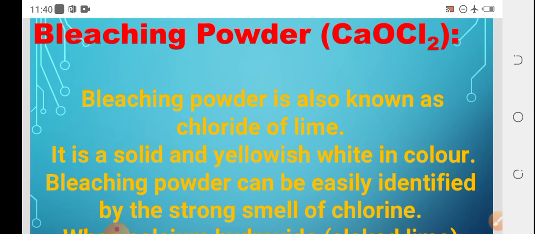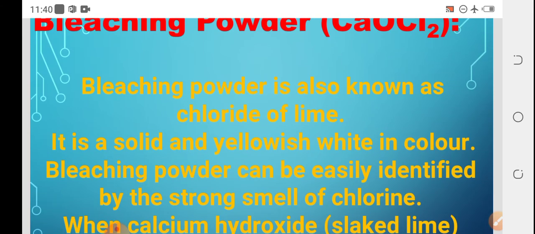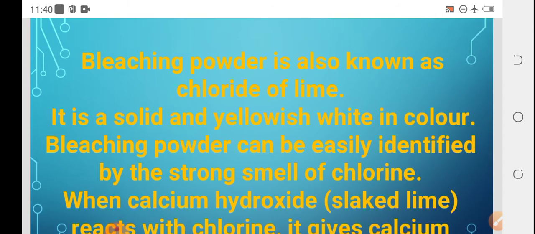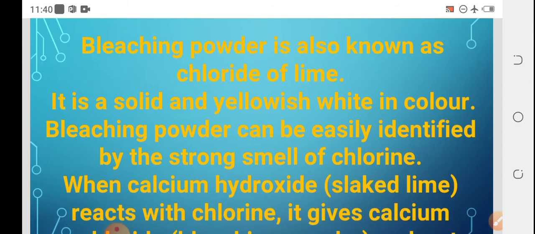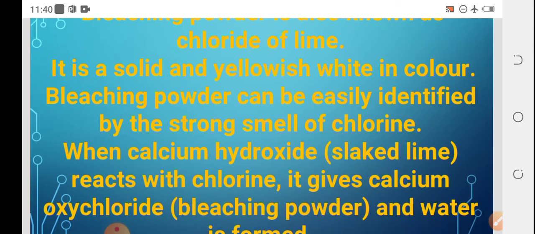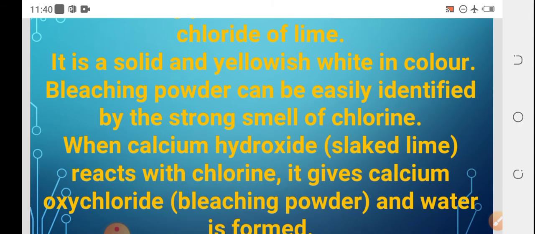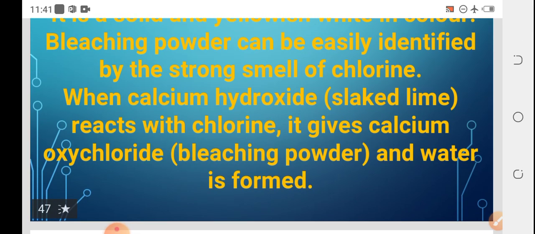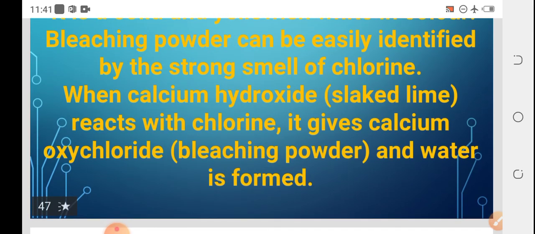Bleaching powder, CaOCl2, is also known as chloride of lime. It is a solid and yellowish white in color. Bleaching powder can be easily identified by the strong smell of chlorine. When calcium hydroxide, that means slaked lime, reacts with chlorine, it gives calcium oxychloride and water.